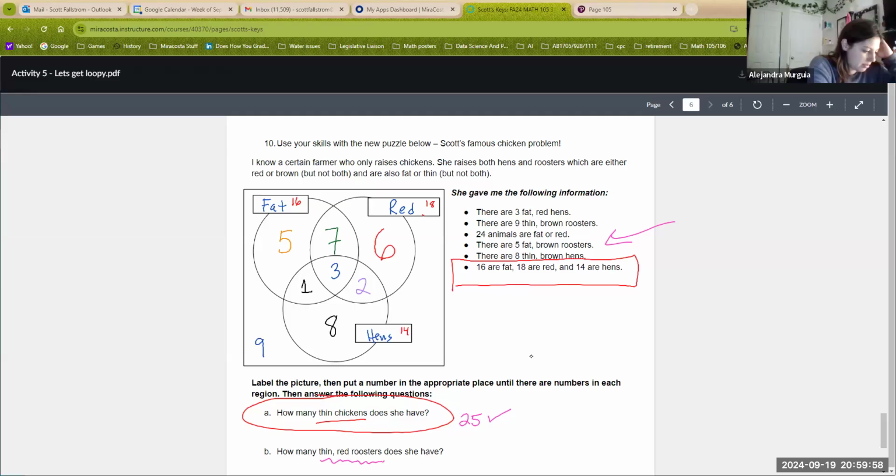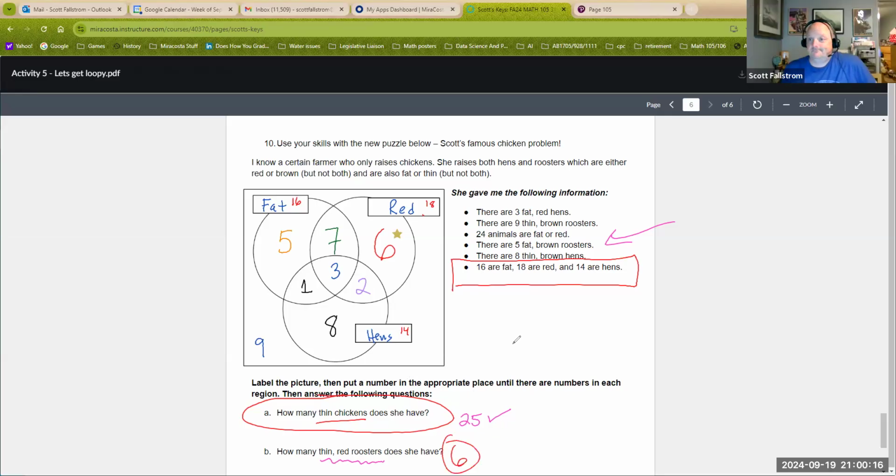I think I would say 6. Right there. Yeah, because they're not fat and they're not hens, but they're red. Is that right? That's it. Nice. Okay.